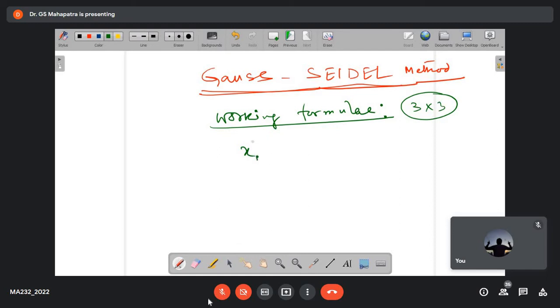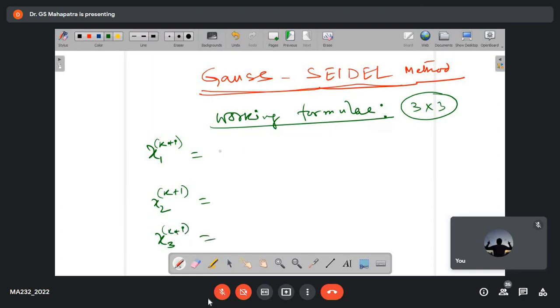So x1 (k+1), x2 (k+1), and x3 (k+1). I will write a little bit this side, on the left hand side. So x1 (k+1), x2 (k+1), x3 (k+1).